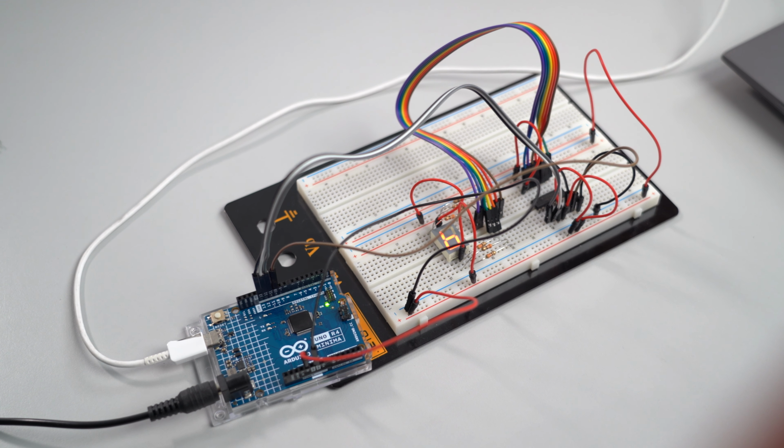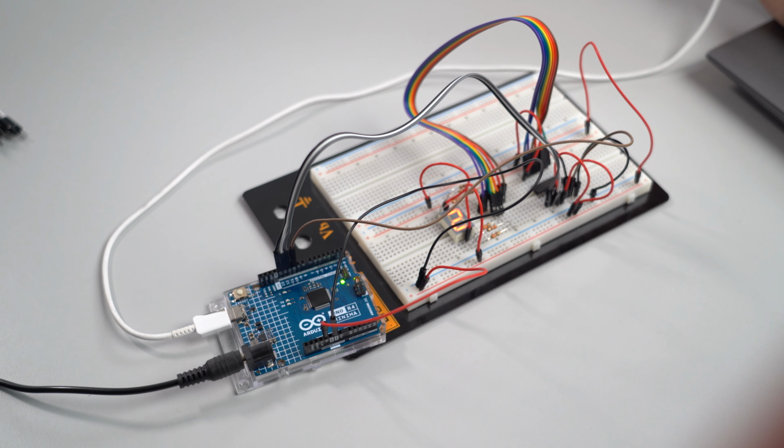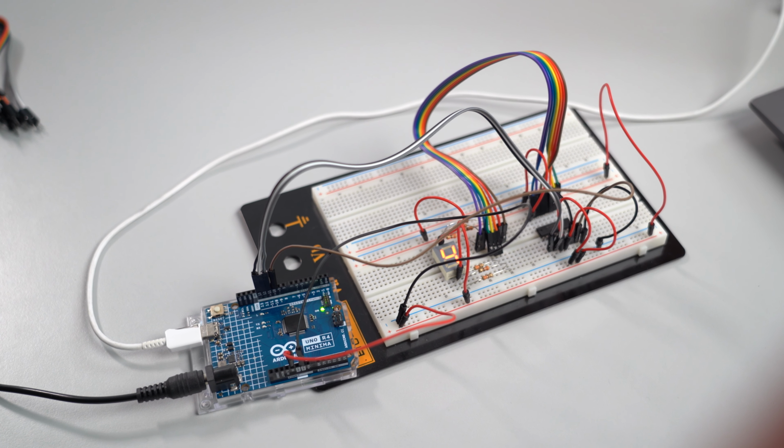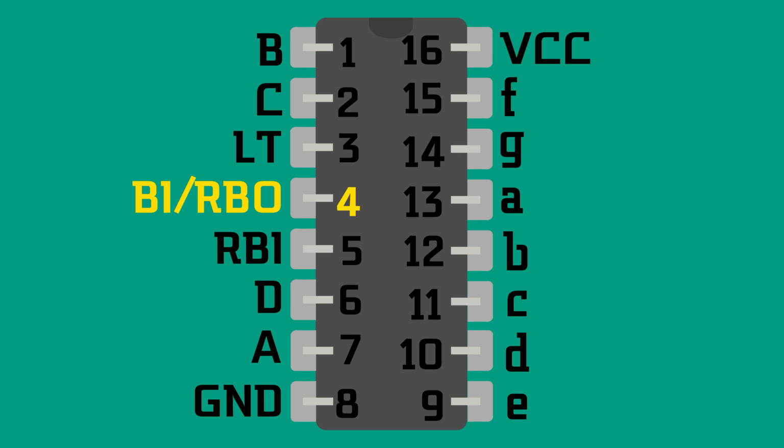The LT input, which stands for lamp test, can be used to set all outputs to high, and thus turn on all segments of the display, irrespective of the inputs given to A, B, C, and D. The BI/RBO, the blanking input, can be used to set all outputs to low and thus turn off all the segments of the display, irrespective of the inputs given to A, B, C, and D. Finally, RBI, which is the ripple blanking input, can be used to enable or disable the use of the 0 as a number on the display.